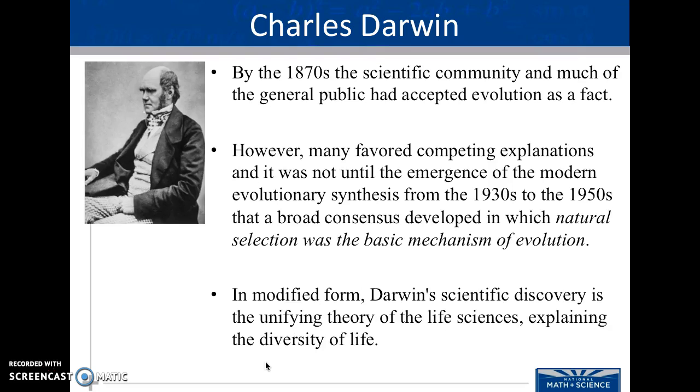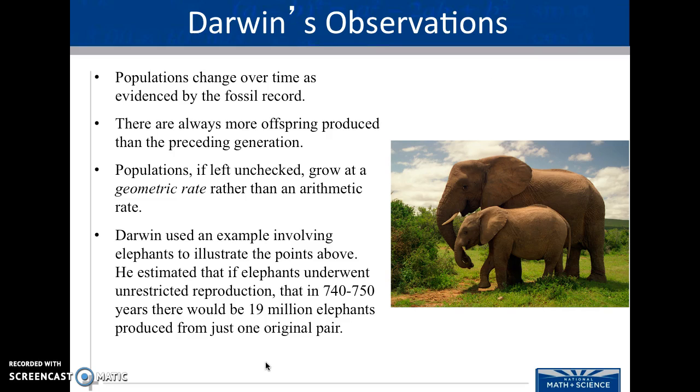By 1870, the scientific community and general public accepted that evolution was a fact, but there were a lot of competing explanations for why and how evolution occurred. But evolution and Darwin's scientific discovery still persist to this day.